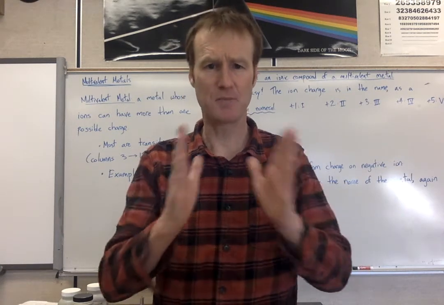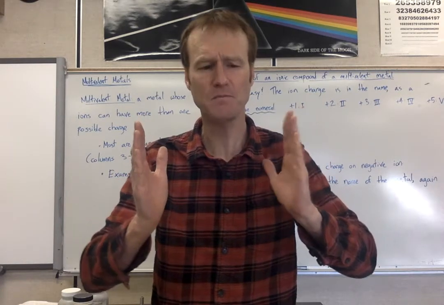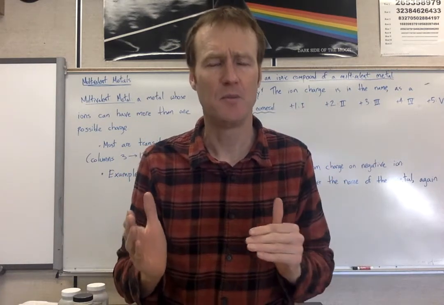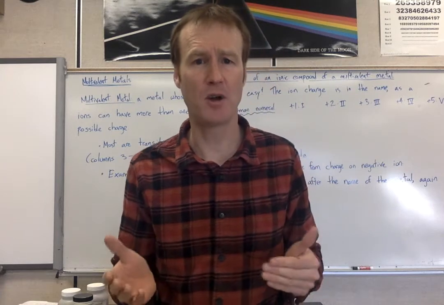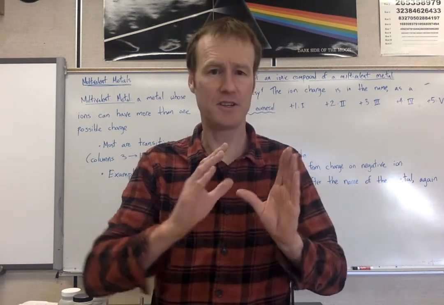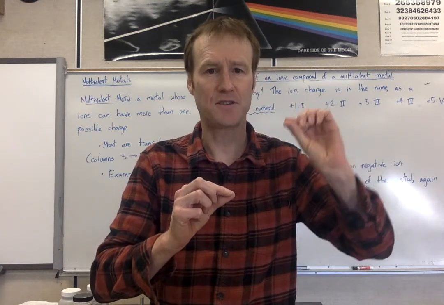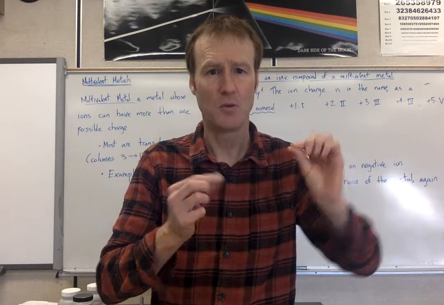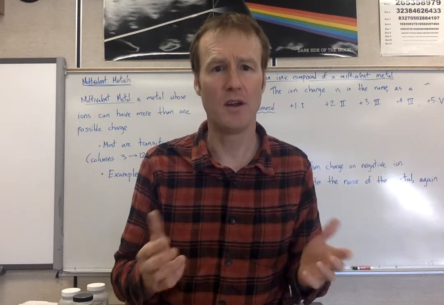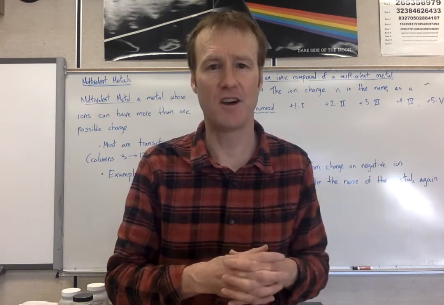But other elements, especially those in the middle of the periodic table, columns 3 to 12, are a little more complicated because they can have more than one possible ion charge. If you look at iron, for example, you're going to see Fe, and then 2+, and then 3+. What it's saying is there's more than one possible charge that iron can have as an ion.